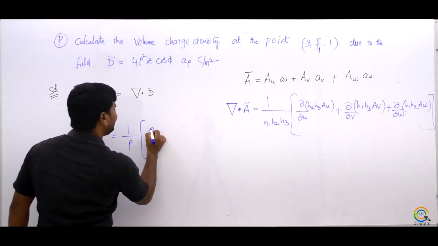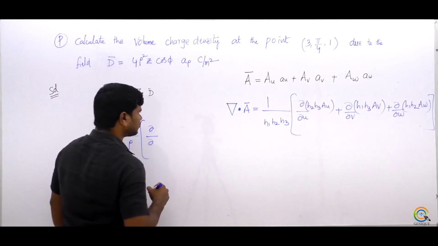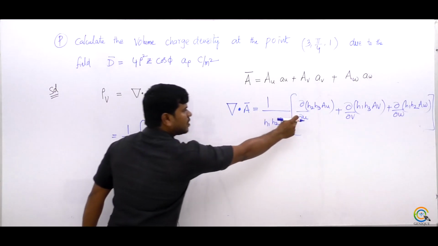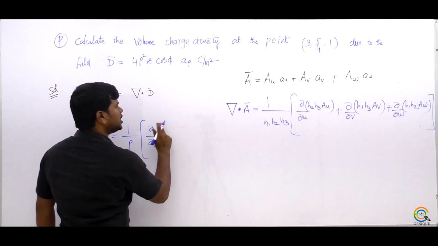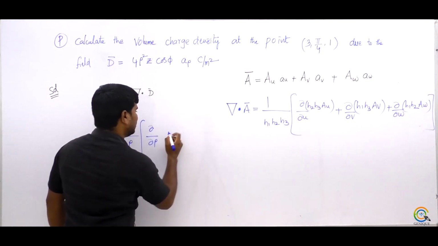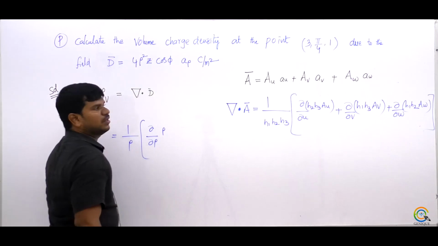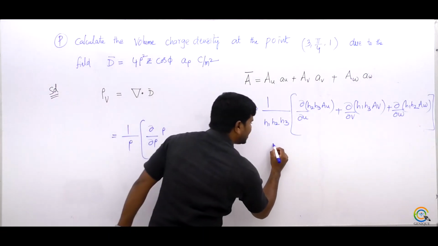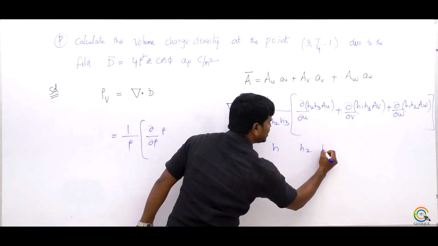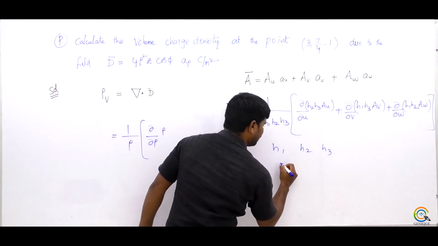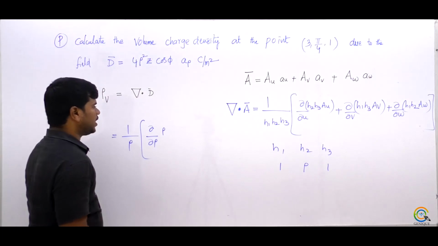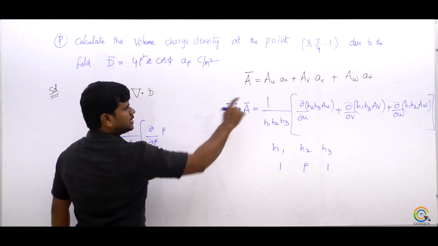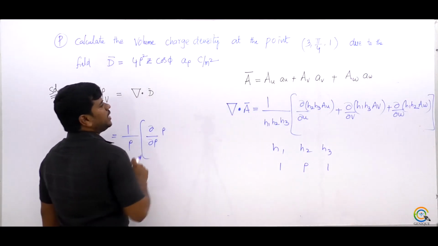Dou by dou rho of, u means rho, the first derivative. H2 H3 is rho into 1, so it is rho. Here H1, H2, H3 is 1, rho, 1 for the cylindrical coordinates. So H2 H3 AU. What is AU here?